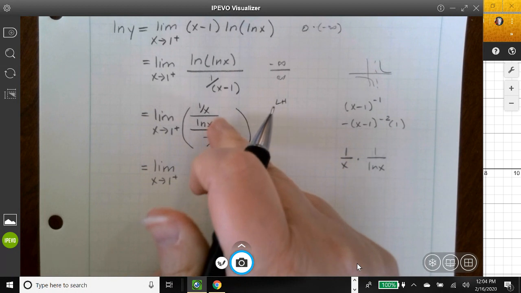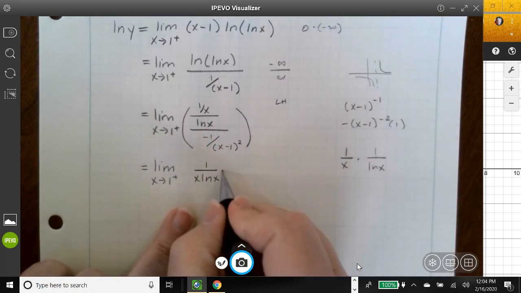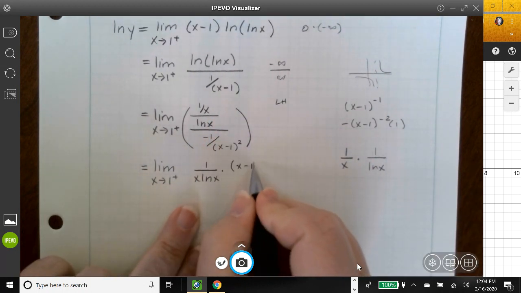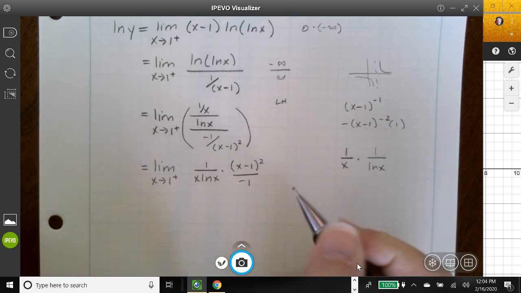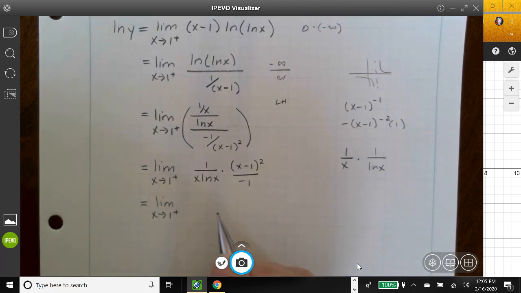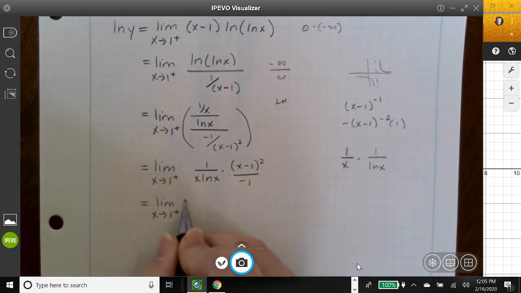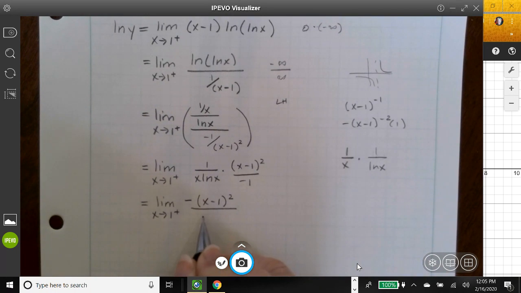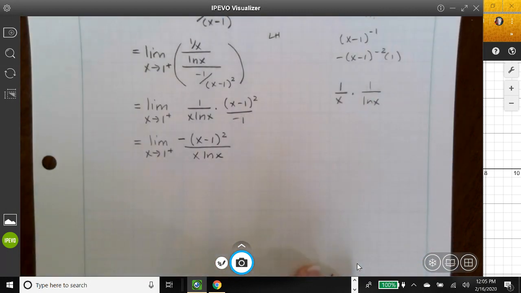So that's the numerator here, times x minus 1 quantity squared over negative 1, if I flip the denominator. All right, so then we get the limit as x approaches 1 from the plus side of negative x minus 1 quantity squared over x natural log of x. I didn't forget my negative sign, which is nice.